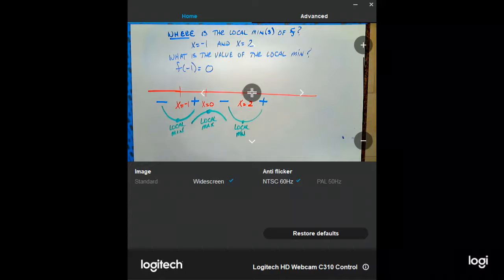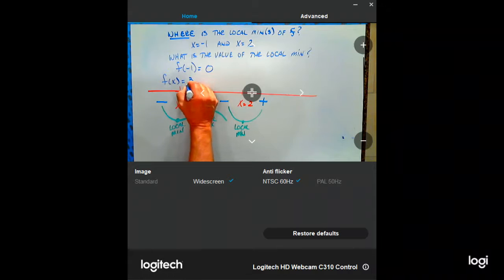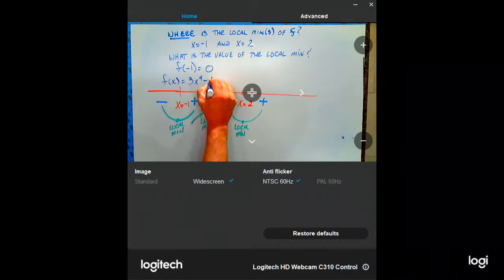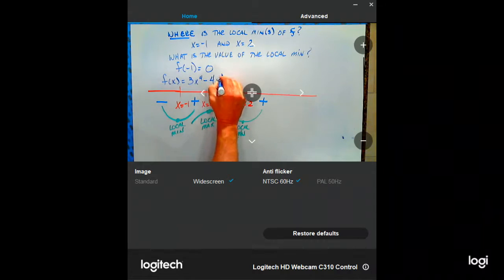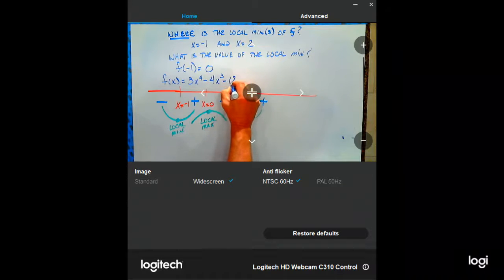If you go back and look at your function, right, I'm plugging in -1. Well, we can just write the function back down right here real quick if that's going to make it easier for you. So the function was 3x to the 4th minus 4x cubed minus 12x squared plus 5, right?